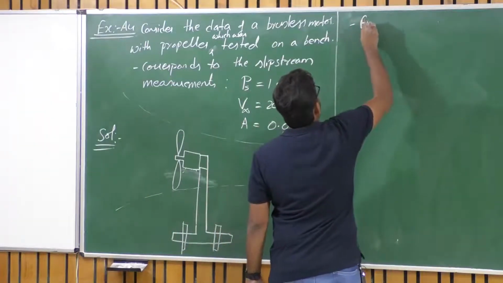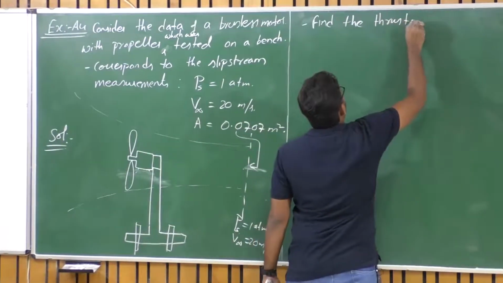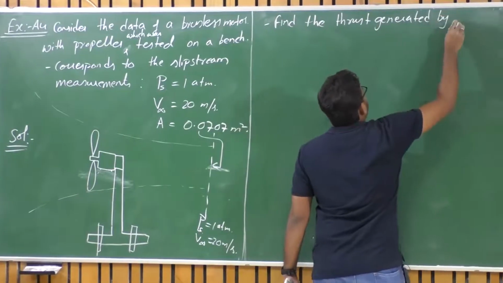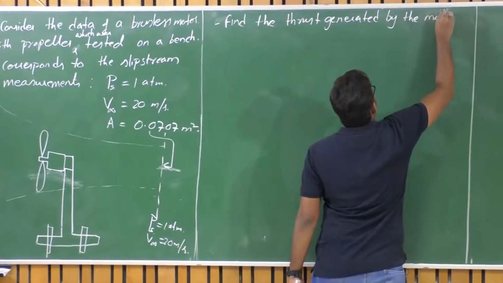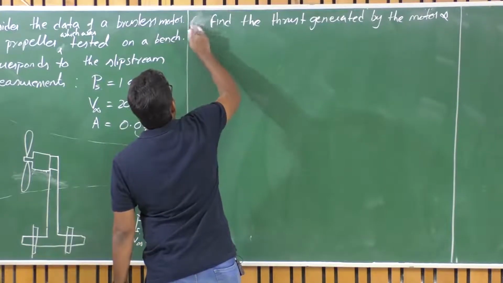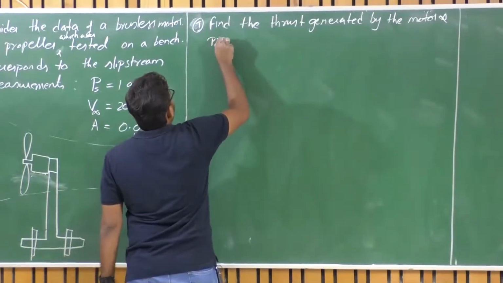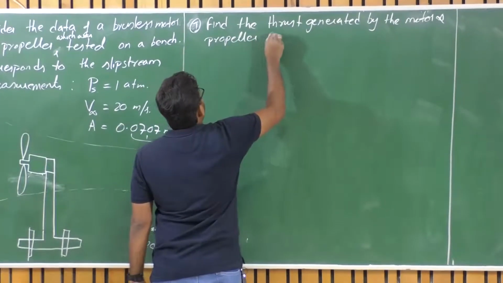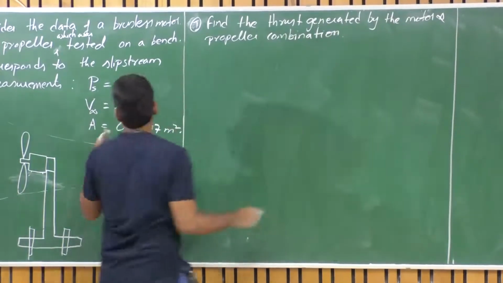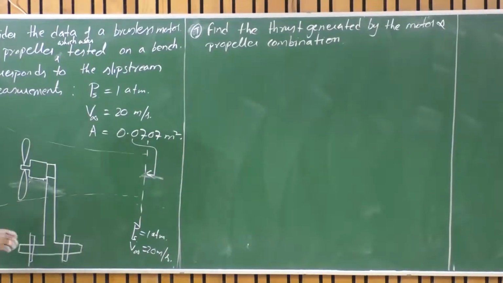First, find the thrust generated by the motor and propeller combination. When we have these measurements, what is the corresponding thrust generated by this motor and propeller combination? That's what we have to find.